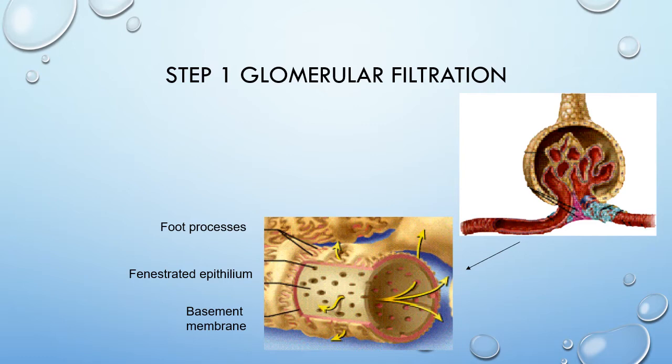And in Bowman's capsule, there is this 3-layered, or 3-barrier, system that allows for specific particles to get through each layer. The best way to think about it is if you were looking for gold in a creek. The first screen might have big holes, so you've got the bigger stuff. Then you put it through something smaller to get the details, so the next screen has holes a little bit smaller.